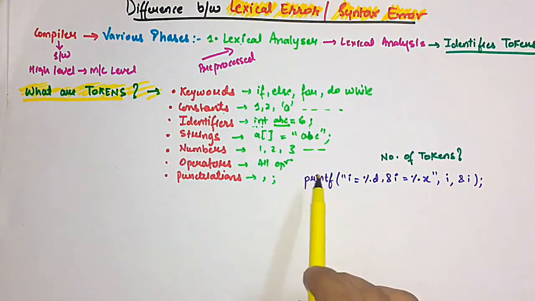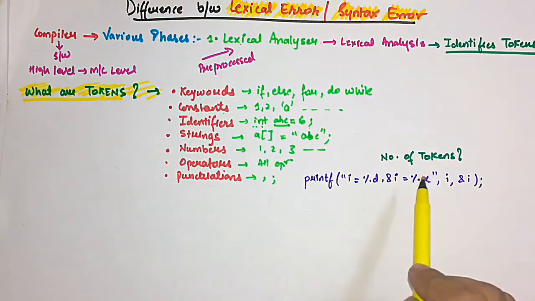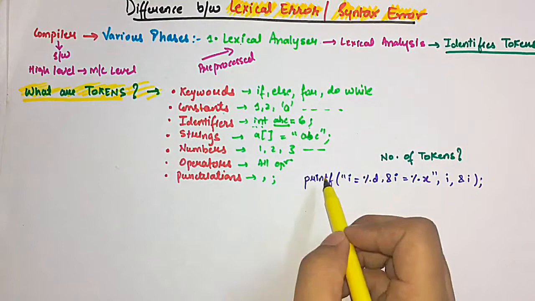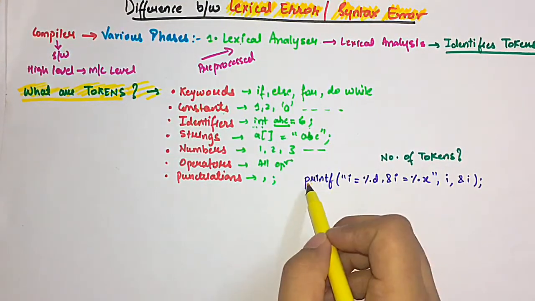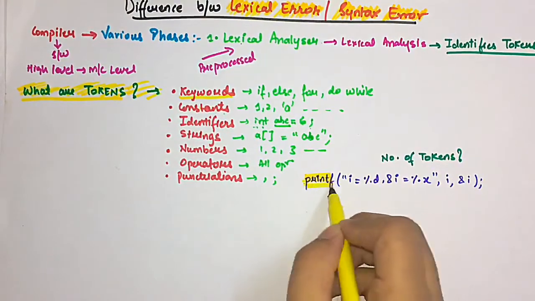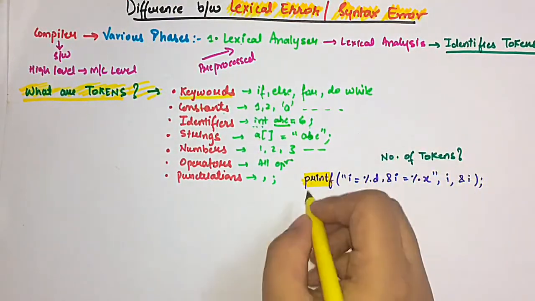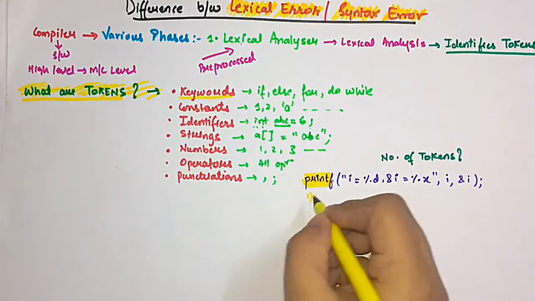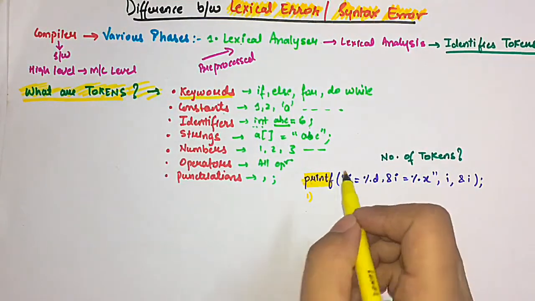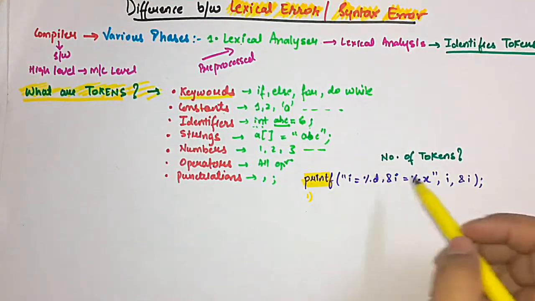So let's break each and every token from this category. Now see, what is printf? Printf comes under the category of keyword. So printf becomes one token. This is a keyword. So the first token will be printf. Now let me solve this quickly.